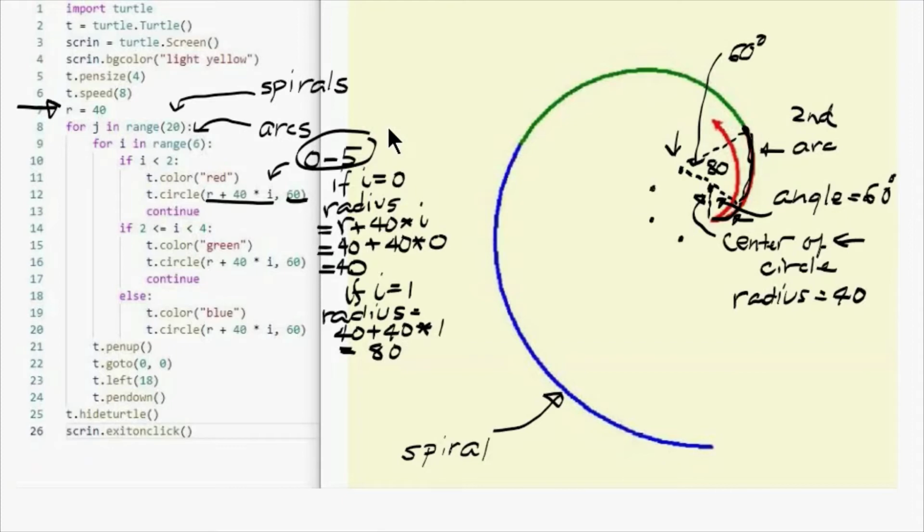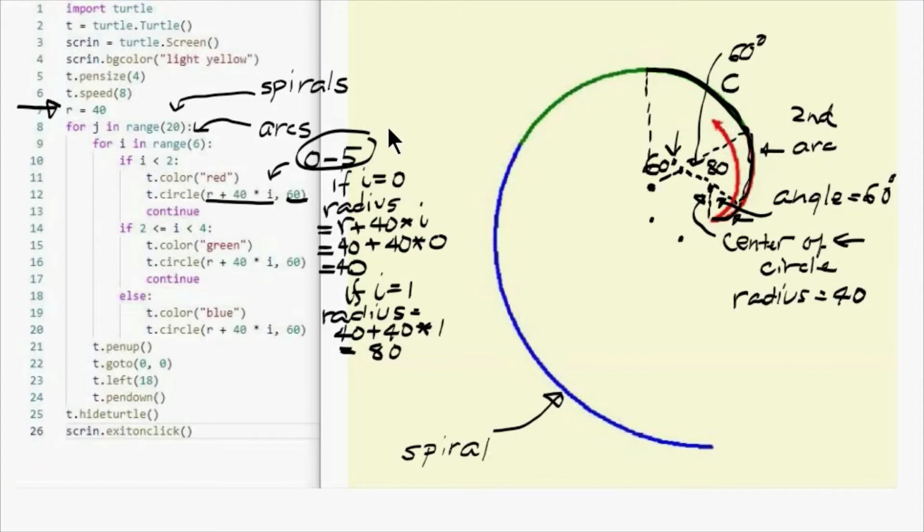Now we will continue the generation of arcs. This is the center of the third circle. The third circle will have a radius of 120. So let me draw the radius for that. This is the terminal radius, with the angle here being 60 degrees. And then this is now the arc generated using the third circle.